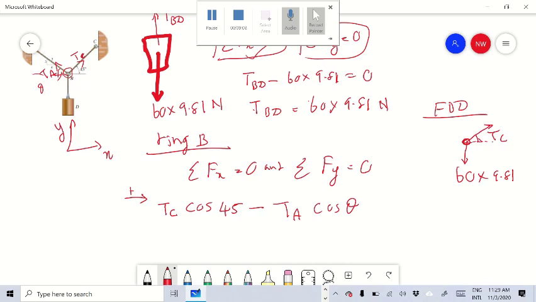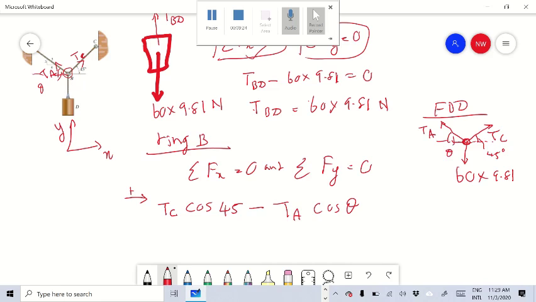So there is another force in this direction which we designated as TC, right? Angle is 45 degrees, and there is another force in this direction, so we designated it as TA, and this angle theta.